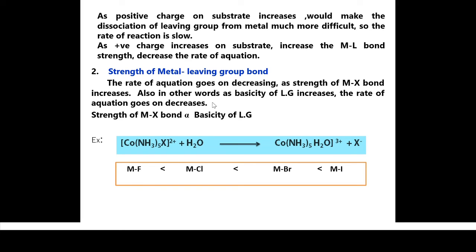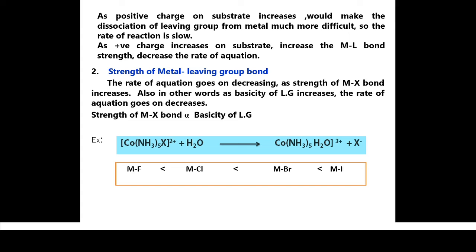In other words, as the basicity of the leaving group increases, the rate of aquation goes on decreasing. The strength of the M-X bond is directly proportional to the basicity of the leaving group. So only remember here, as the strength of the M-X bond increases, the rate of aquation decreases.